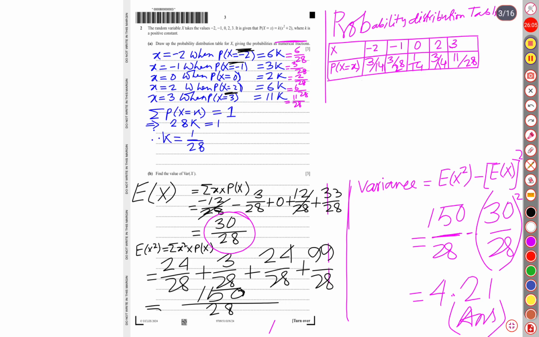So you have understood that for finding variance, first we find E of x squared. E of x squared is the sum of x squared into each of the corresponding probability. Then the variance is equal to E of x squared minus E of x whole square. That means E of x squared minus mean value whole square. And finally we have got 4.21.